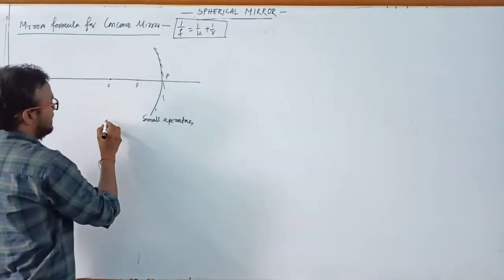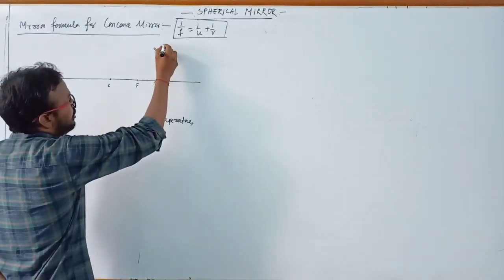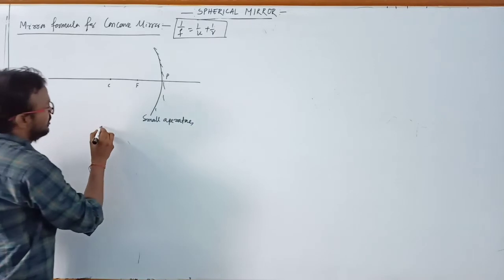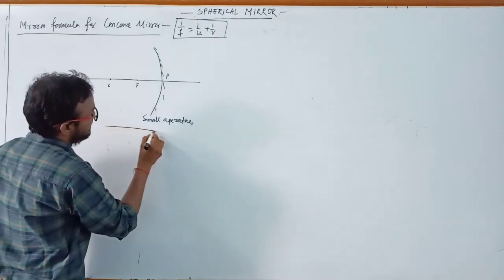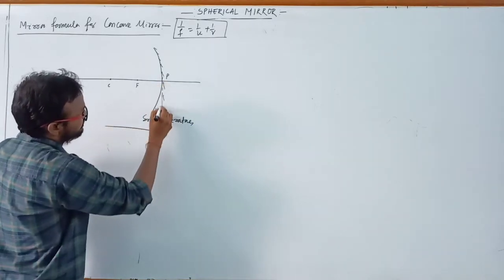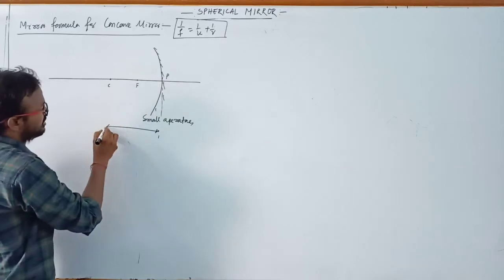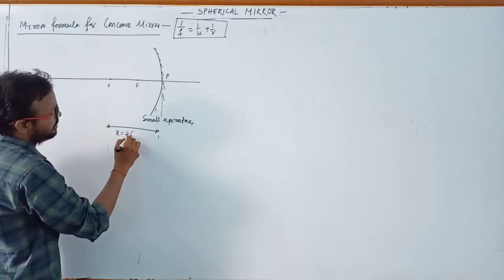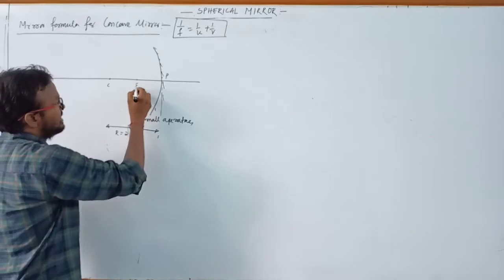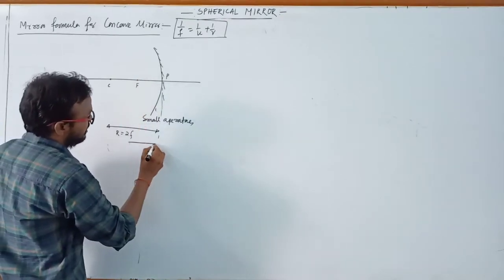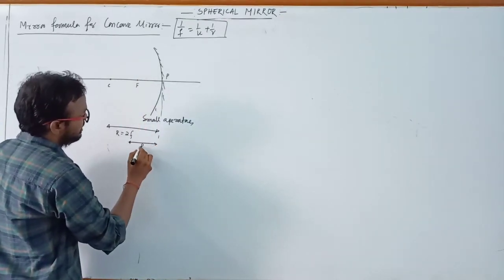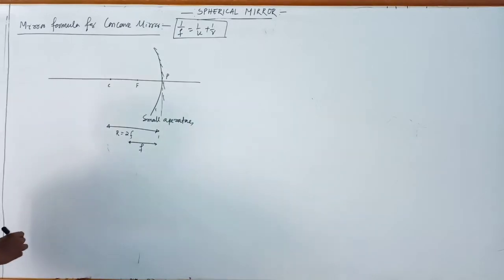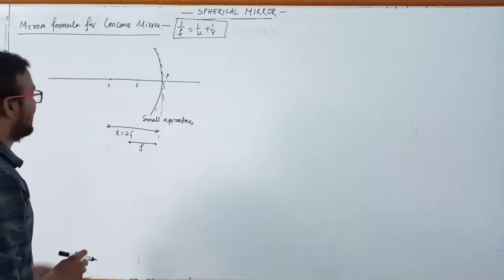We already know that all distances are measured from the pole. So this distance is known as the radius of curvature R, which is equal to 2F, and the distance from P to F is known as F, that is the focus or focal length.